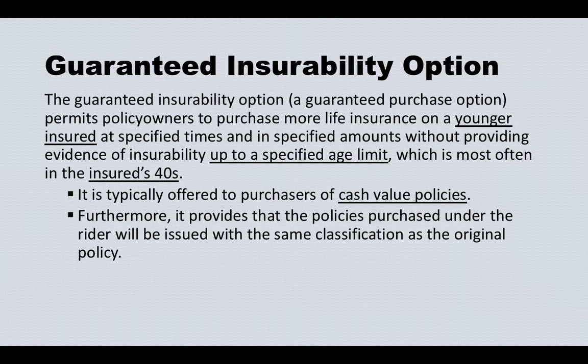So basically, if you want to buy a new policy, you have to go through underwriting, a health check, to make sure you are not sick, right? This one just says you don't have to do that.